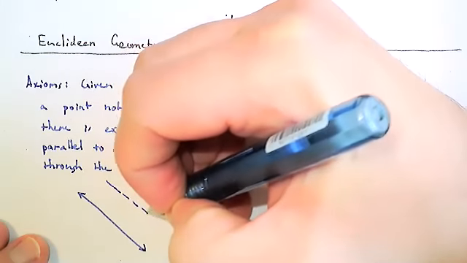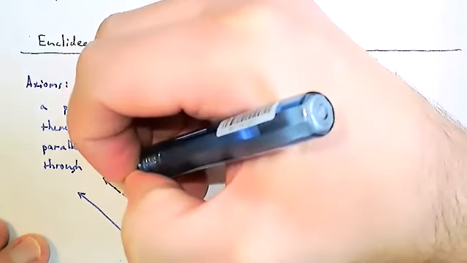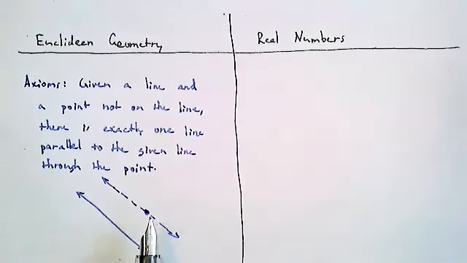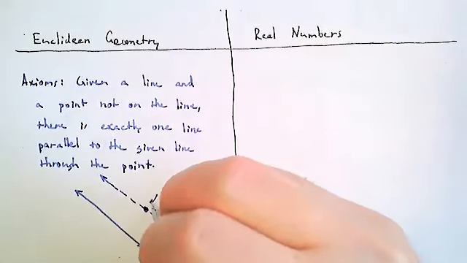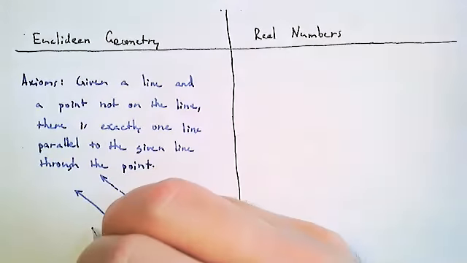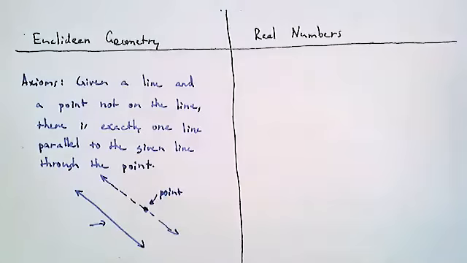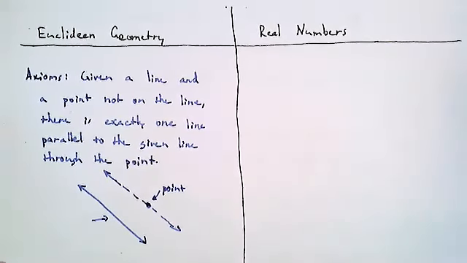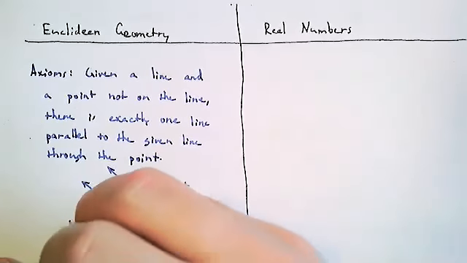Maybe I'll make it dashed. Parallel to the original and through my point. So this axiom is a wordy way to say something that's kind of pictorially, obviously true.